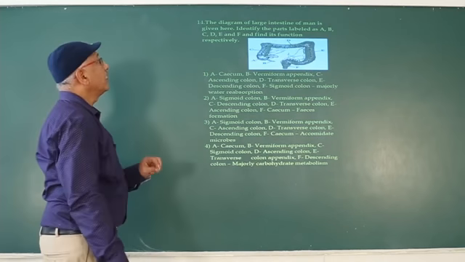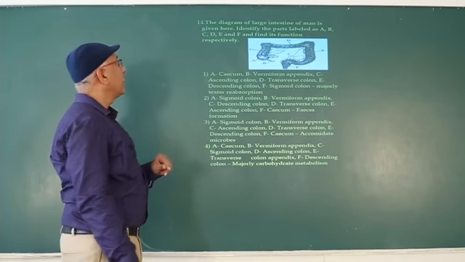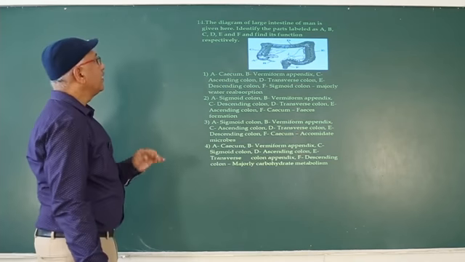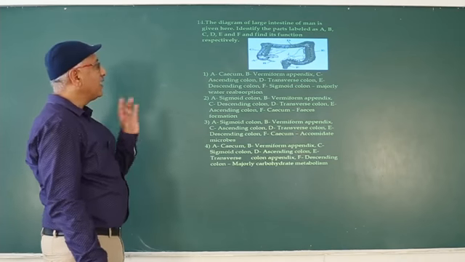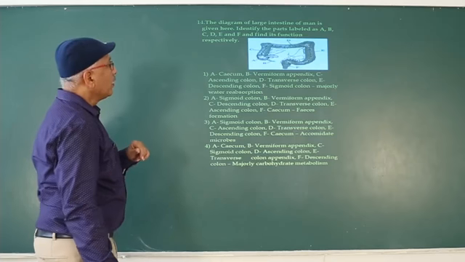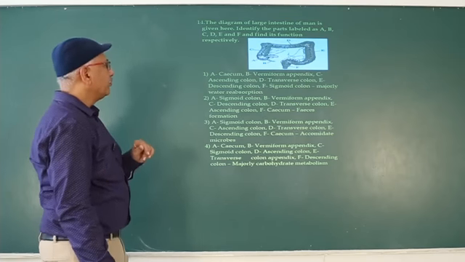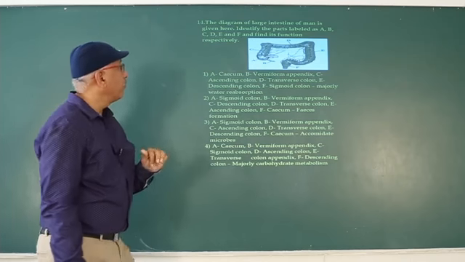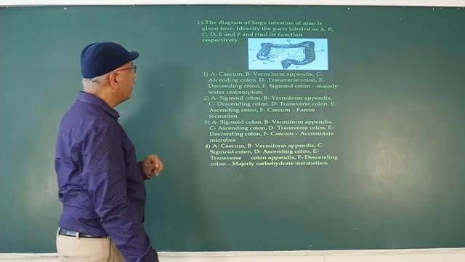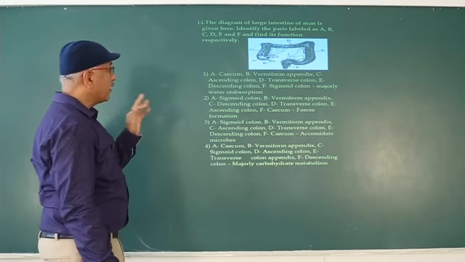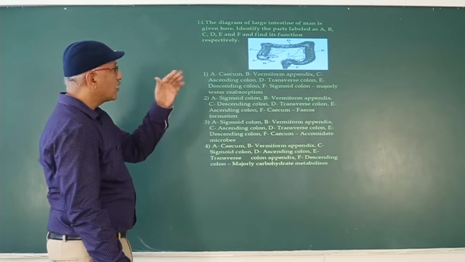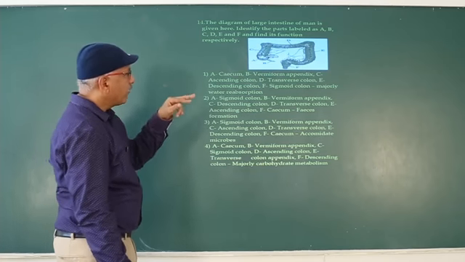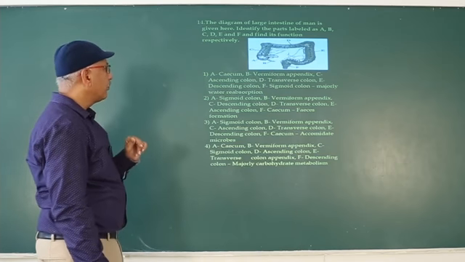Next question. The diagram of the large intestine of man is given here. Identify the parts labeled A, B, C, D, E and F and find their function. A is the cecum, B vermiform appendix, C ascending colon, D transverse colon, E descending colon, F sigmoid colon.